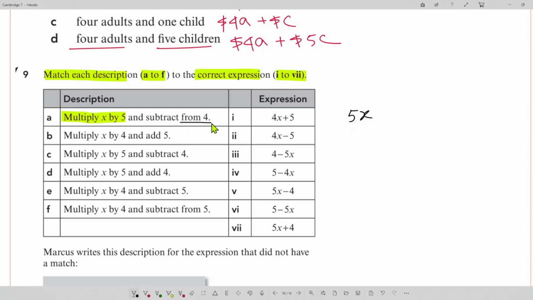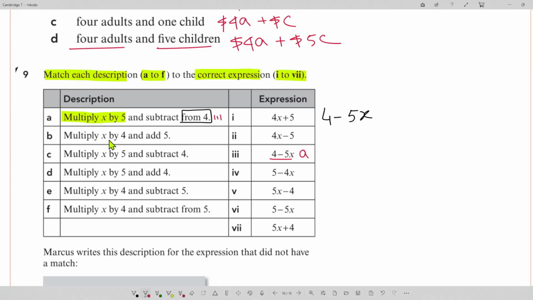Here it says from 4, so 4 minus 5x. Where is 4 minus 5x? Here it is, so A matches number 3.